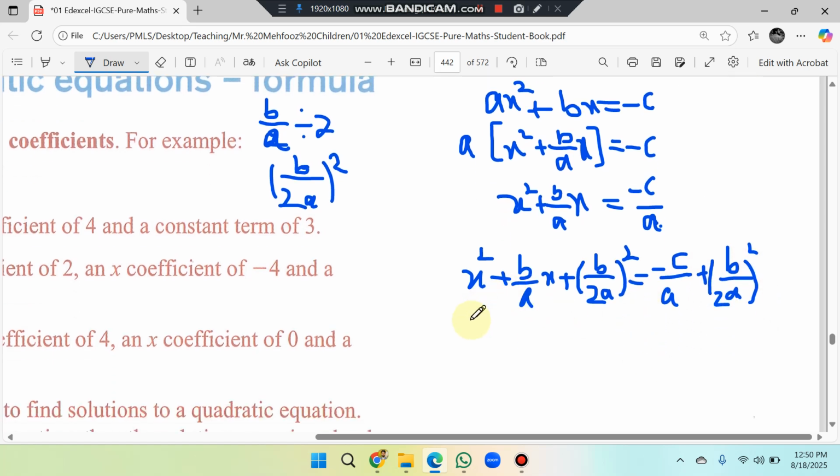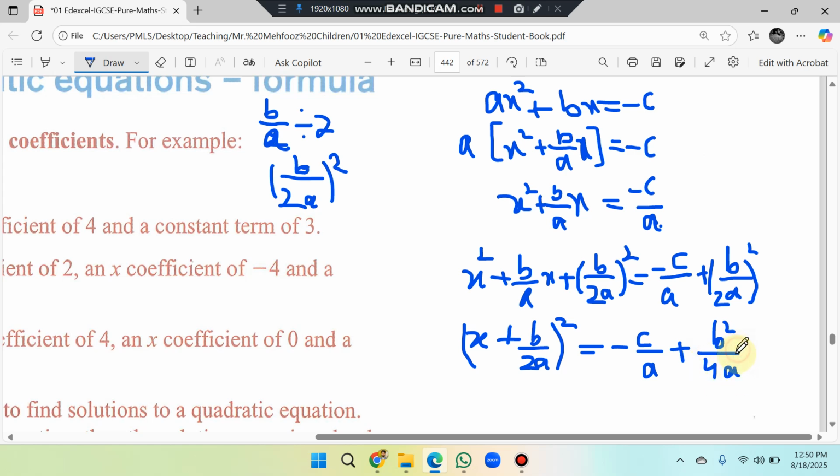After that, you can see that on the left side we have the formula, that is x plus b over 2a whole square, and on the right side we can write it as minus c over a plus b square over 4a square. Any problem?